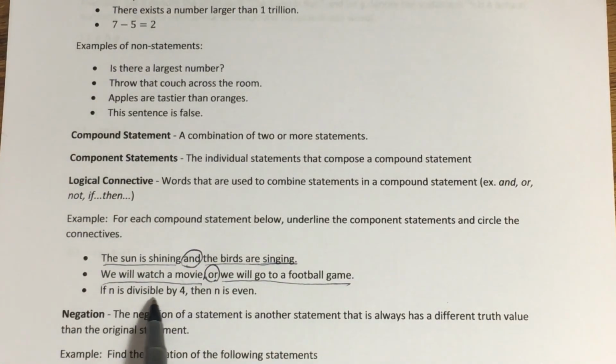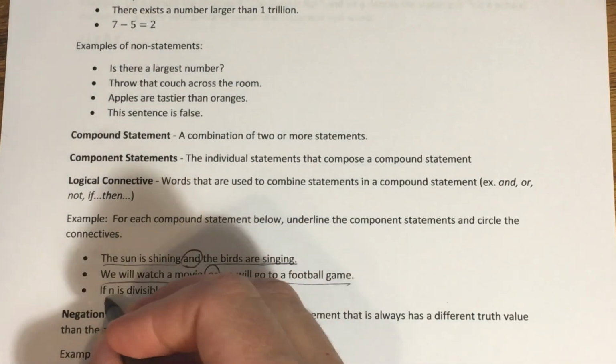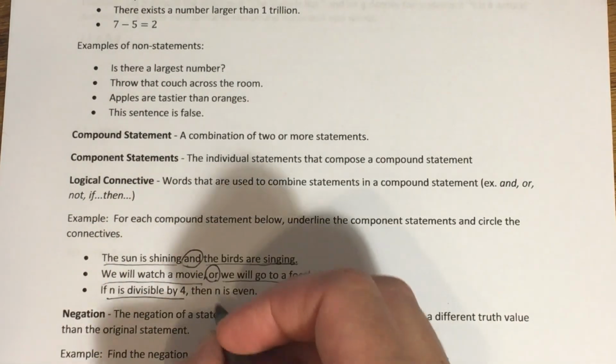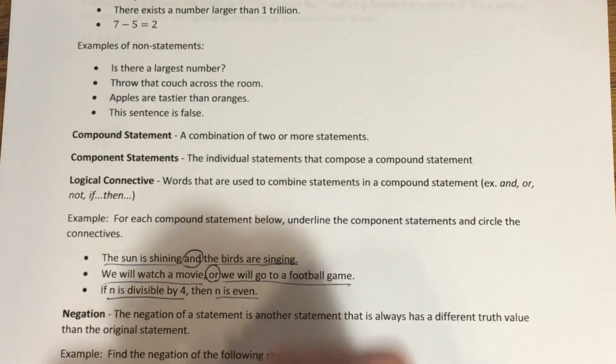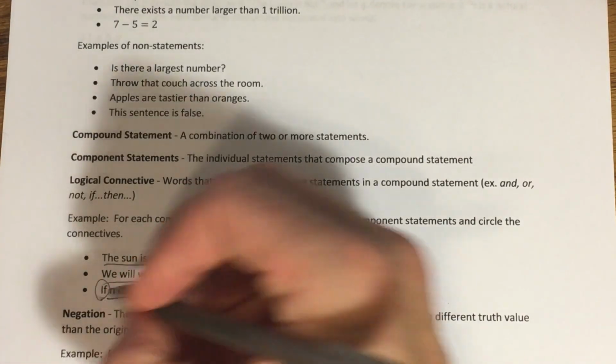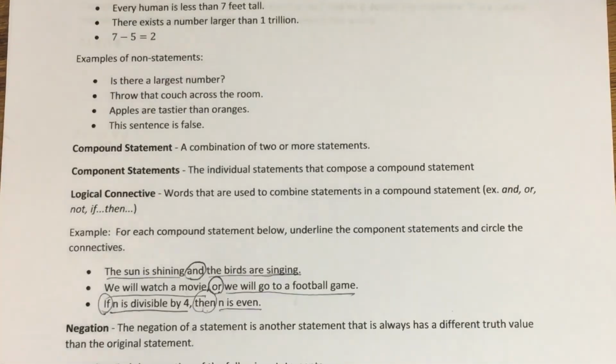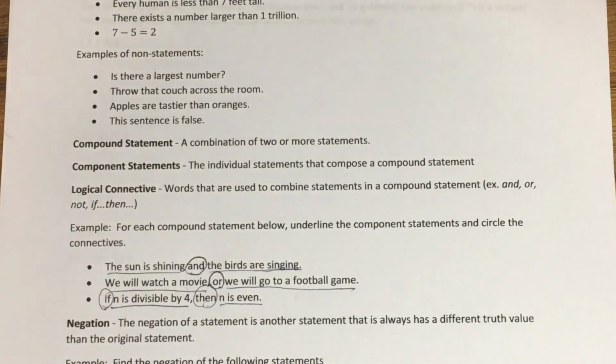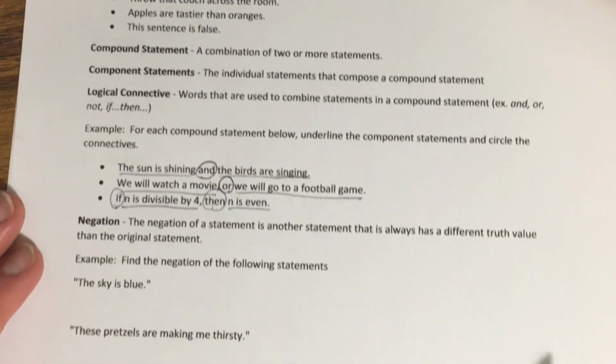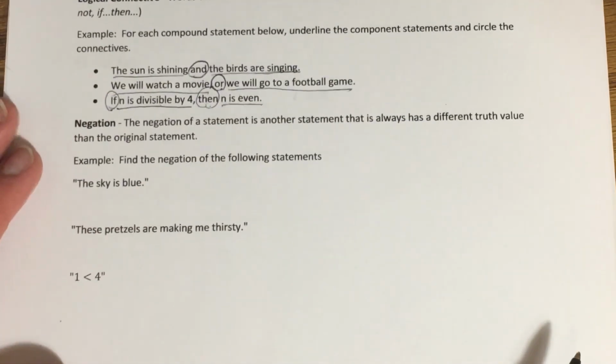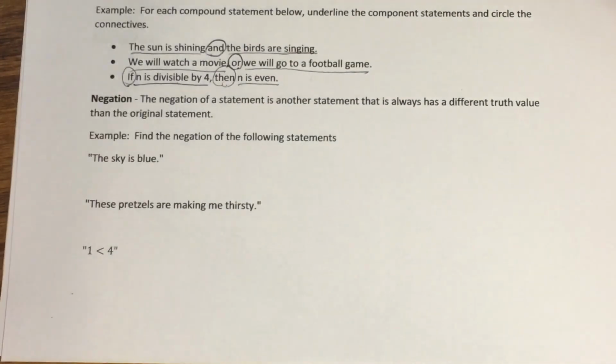If n is divisible by 4, then n is even. N is divisible by 4. That's a statement. N is even. That's a statement. And together, if then, even though it's two words, they form a single logical connective because you need both of them to join these two statements into a compound statement. Okay, so we'll look at those in much more depth throughout this chapter.